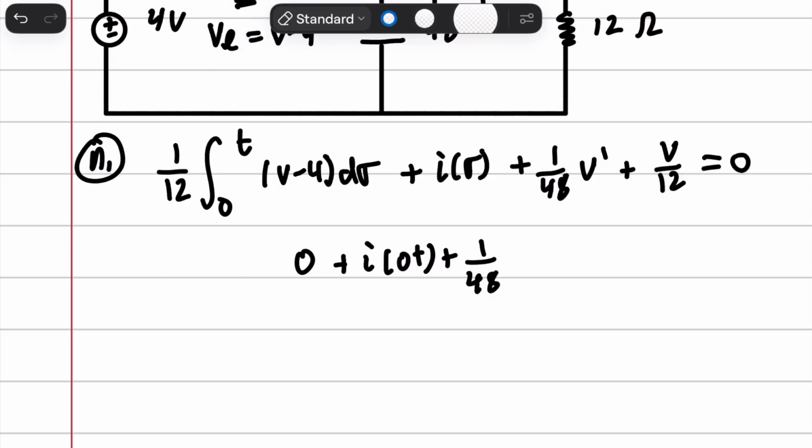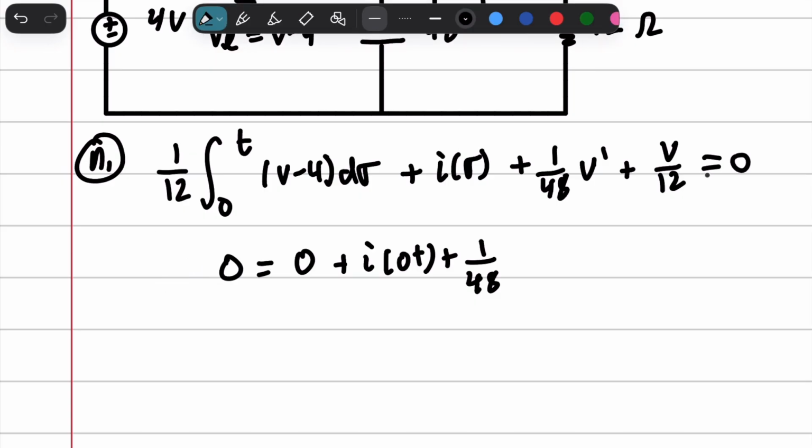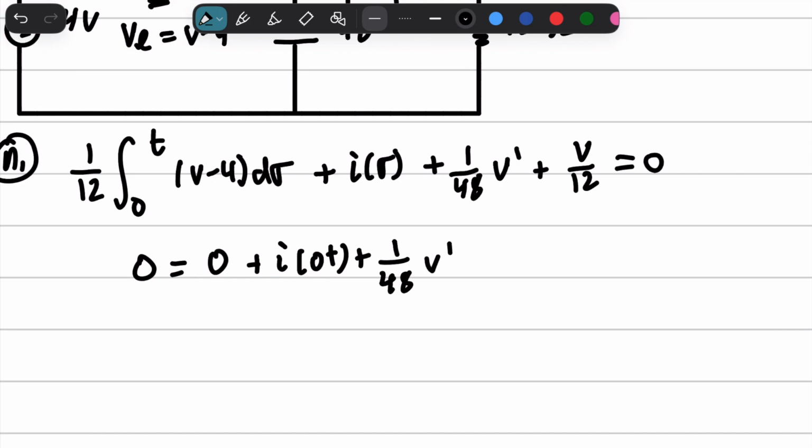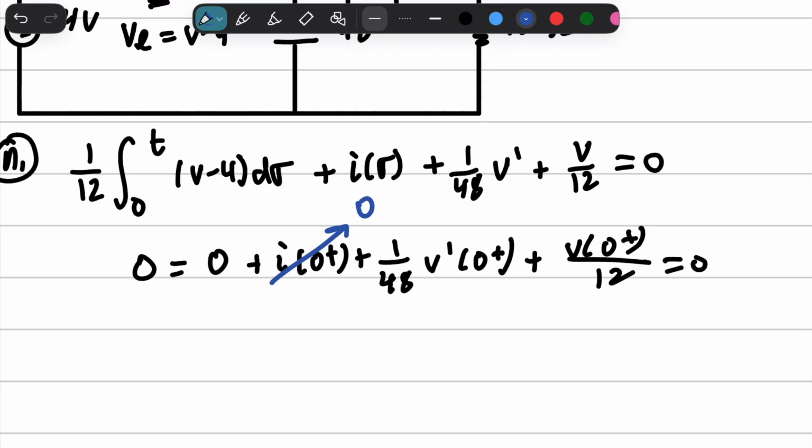Sorry, that's actually all equal to 0, because right here we get our V prime of 0 plus, and plus V of 0 plus right here. And once again, all of these are 0. And so this time, V prime of 0 plus is equal to 0.